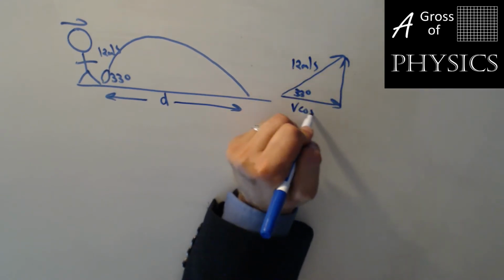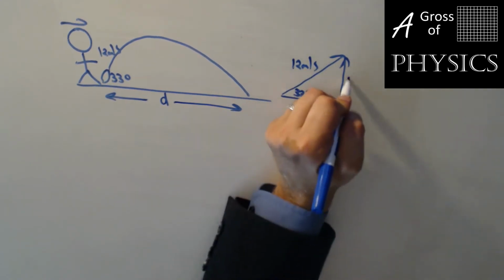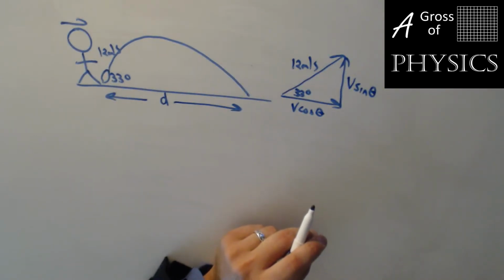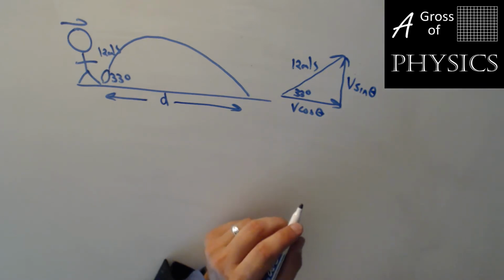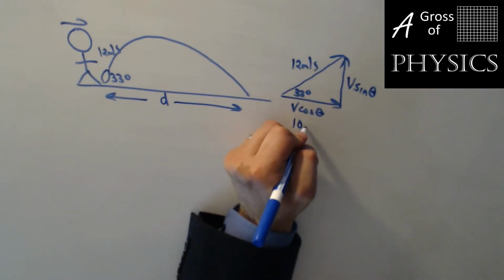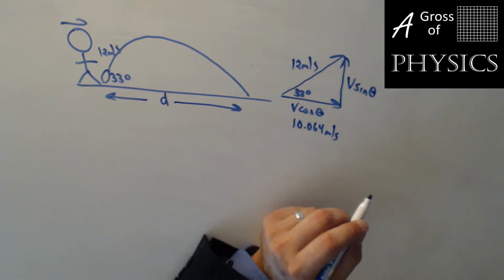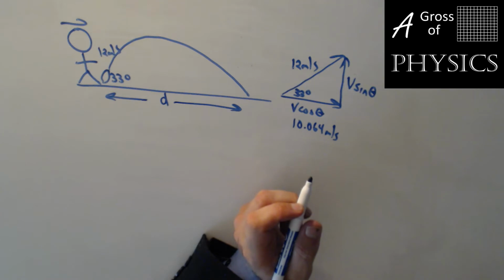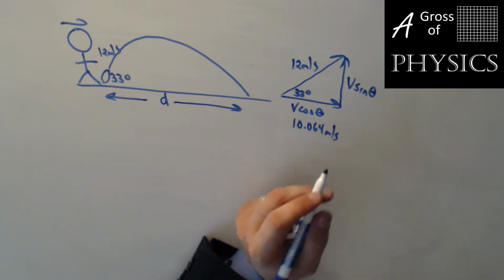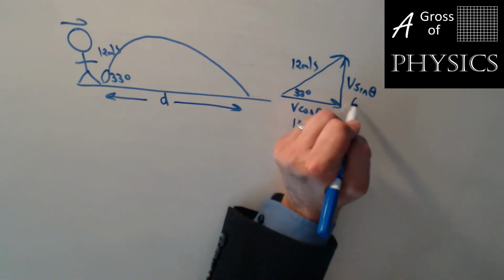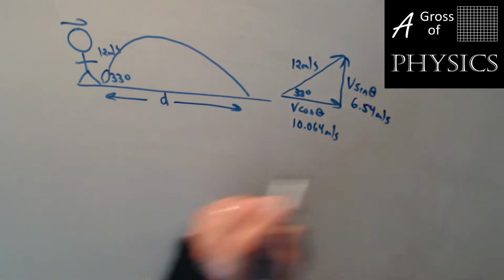V cosine theta will get us our x, V sine theta will get us our y. So 12 times the cosine of 33 gets me 10.064 meters per second. And 12 times the sine of 33 gets me 6.54 meters per second.